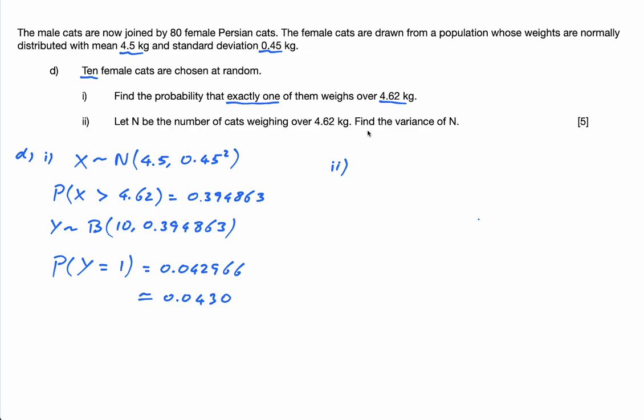So find the variance. So we're dealing with this binomial distribution here, and the variance for a binomial distribution is in the formula booklet. It's n p times 1 minus p, where n is 10 and p is this 0.394863 times 1 minus 0.394863.